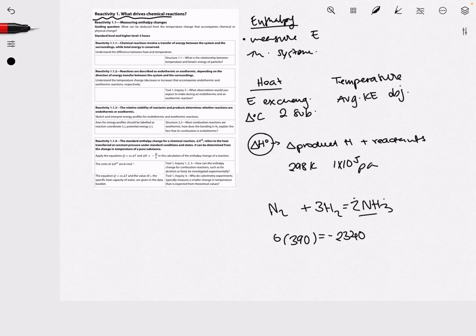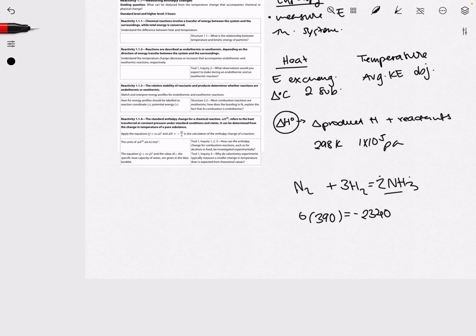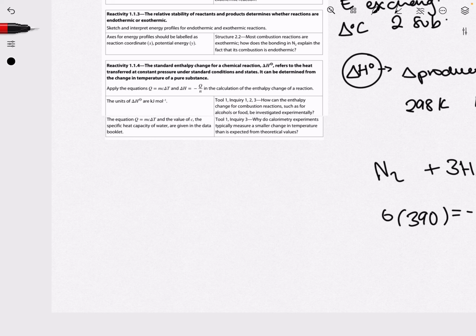Now, in terms of the relative stability of products, this has to do with their energy profile level diagrams. So let's just draw some out. Let's draw a nice little energy profile diagram over here.